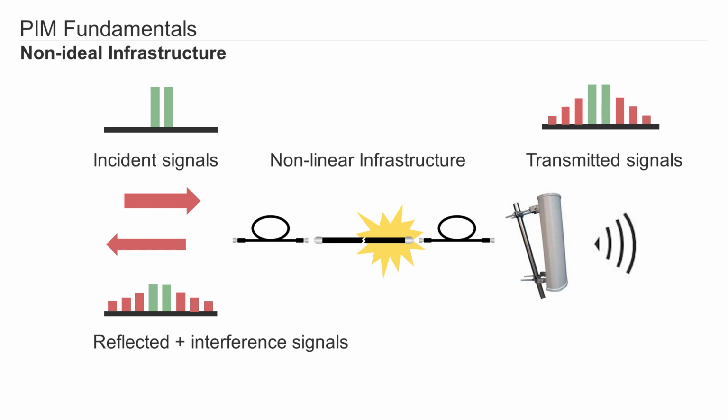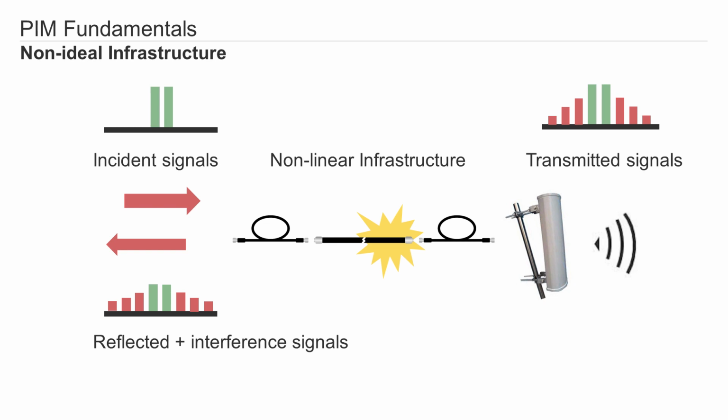If there are any connectivity issues at all on the RF line, we talk in terms of a non-linear infrastructure. This could be a loose connector, a bad connection to the cable, dirt or metal parts in the connectors, or even cracked solderings on jumpers or antennas.